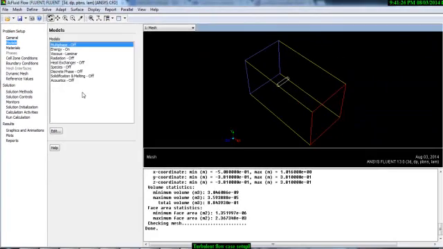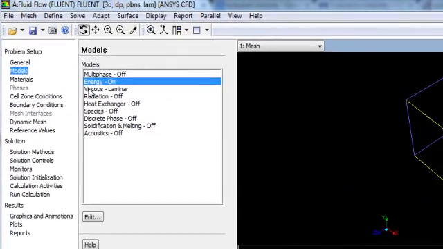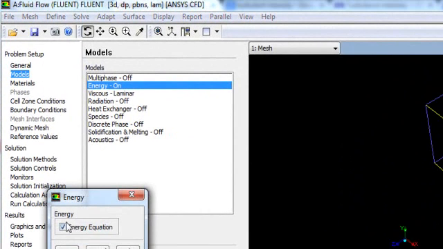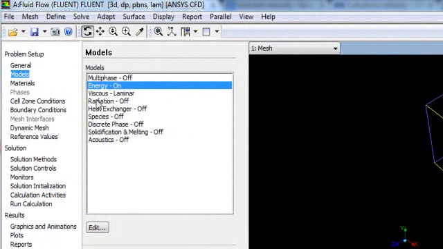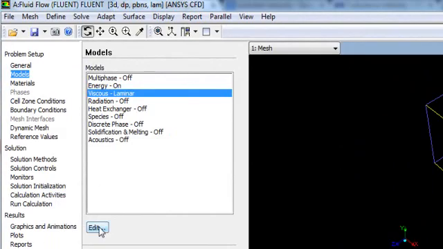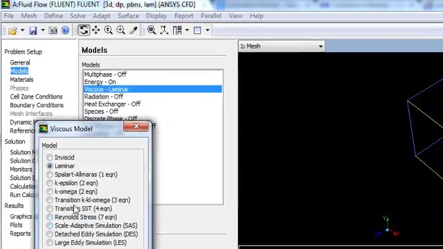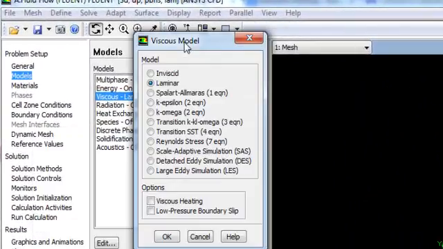Here in the modeling section, our energy equation will be on, so turn on the energy equation. In the viscous model, go to edit, and here you have different turbulent options. You have 1 equation, 2 equation, 3 equation, 4, 7 different types of turbulence model.